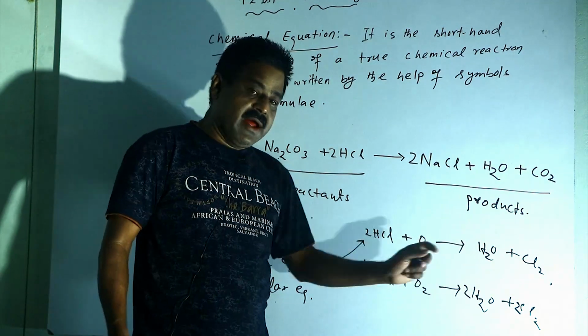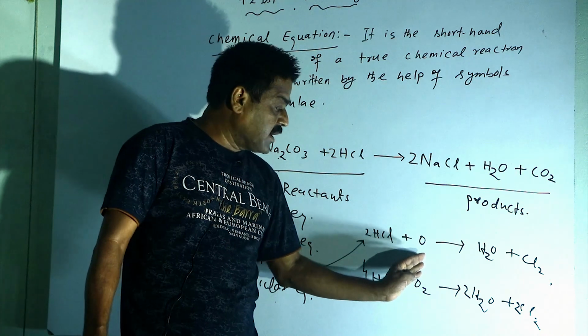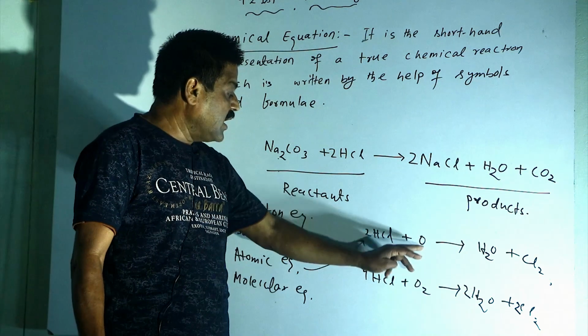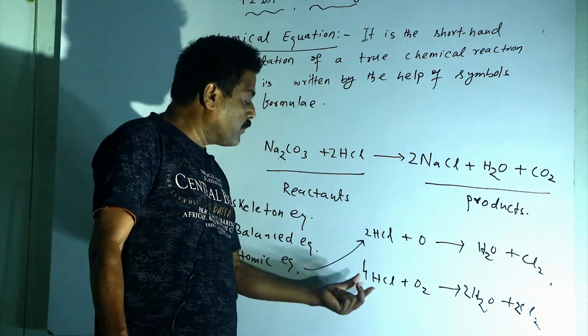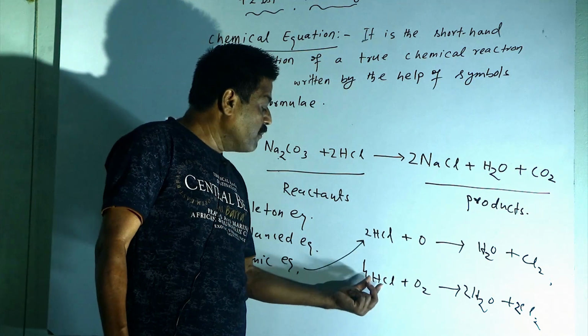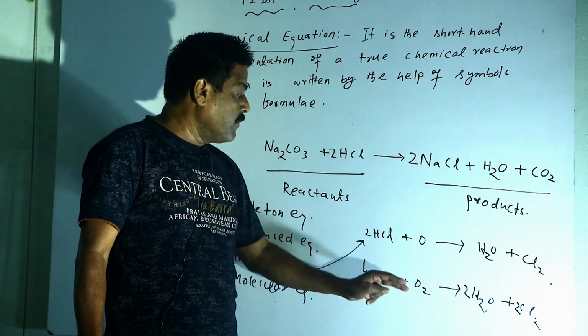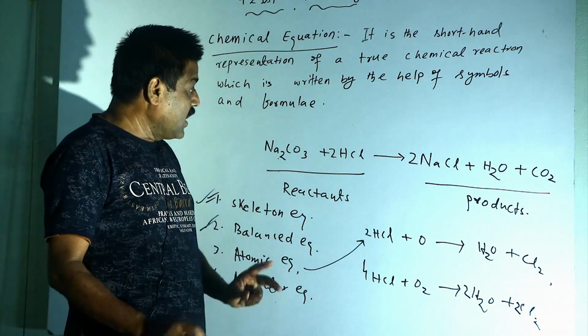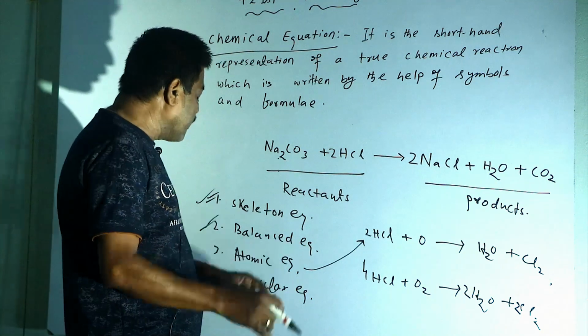Suitable integers are given. Here the number of atoms of each kind on the reactant and product sides are the same, and the atomic form of oxygen reappears as molecular form. Therefore, it is a molecular equation. Means the atomic form is not there, it is a molecular form. Then now, what is the necessity of this type of equations and which is more important?